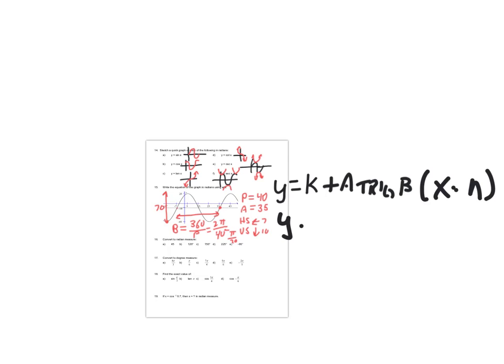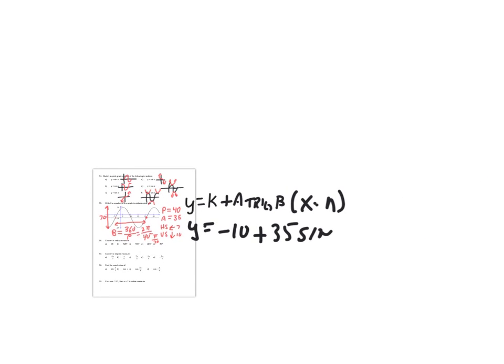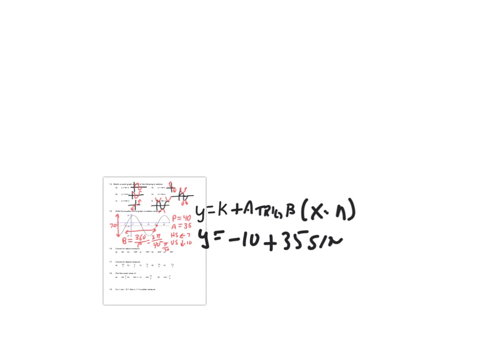So it's y equals, shifted down, negative 10. We did a positive cosine, so it's plus 35, positive cosine, shrink again, and shift, open parenthesis x, and we're shifting left, that's positive 7.